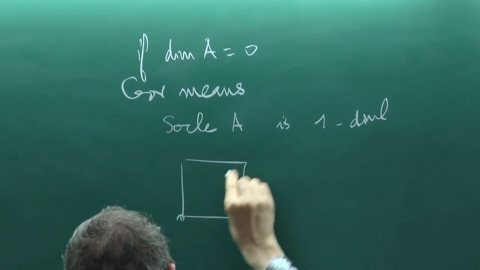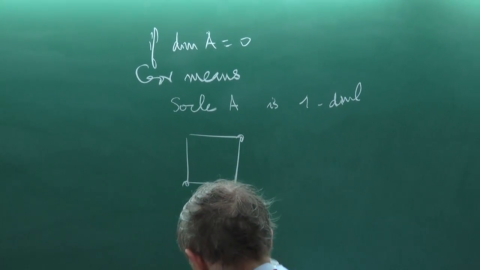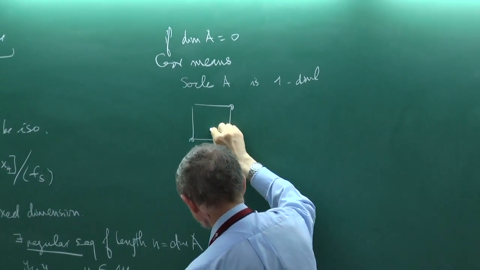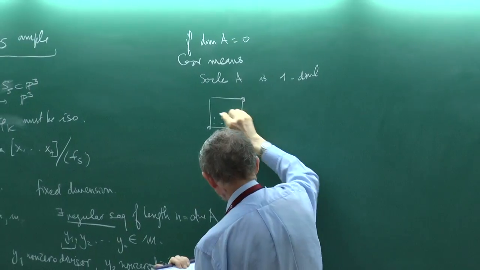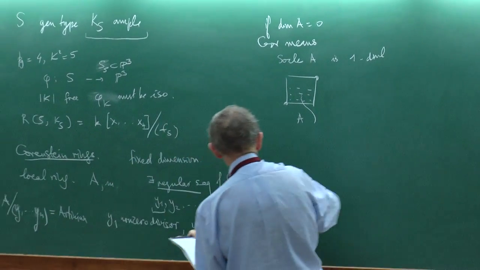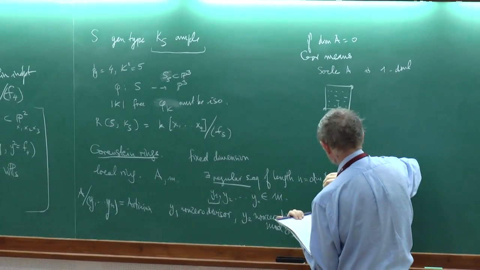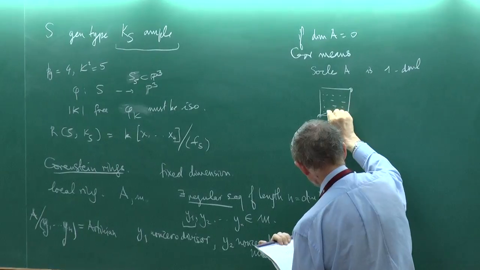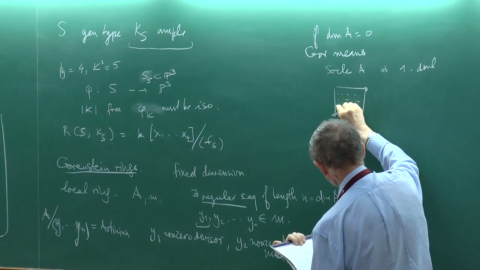Here's my picture of A. I'm thinking of this A as having a monomial basis. Artinian means finite dimensional, so I have a basis of it made of monomials. And when I do multiplication by the maximal ideal, I'm shifting everybody up one step.